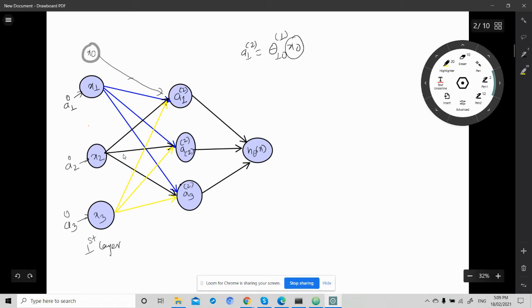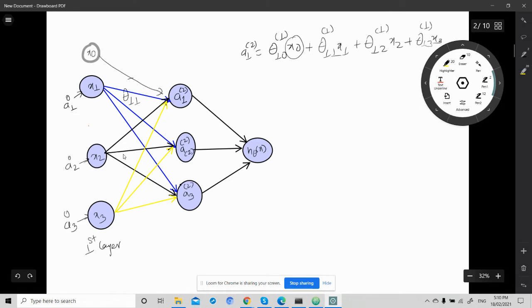This is my bias term, plus theta 11 of the first layer times x1, plus theta 12 of the first layer times x2, plus theta 13 of the first layer times x3.